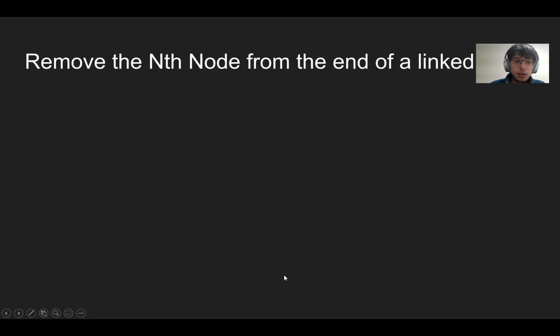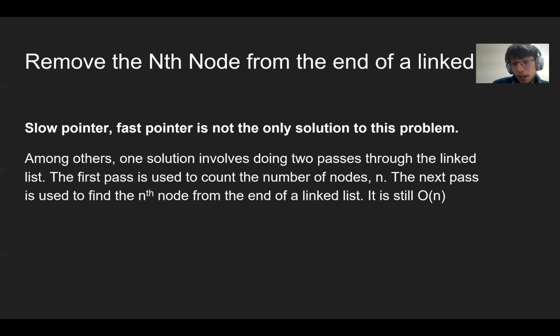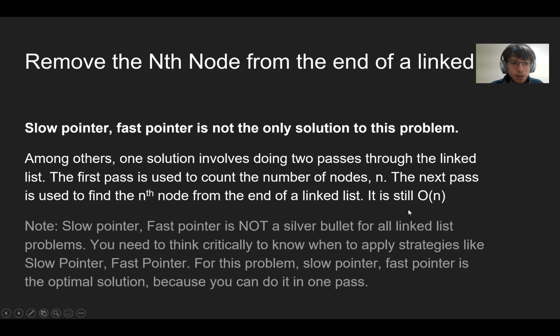Maybe you can think about how we could improve, because slow pointer, fast pointer is not the only solution. Just like we talked about, one solution is doing two passes: we count the number of nodes, and on the second we go to the length minus n node. It's still O(n) in time, but it's two passes. So that would be big O of 2n, which is still O(n), but maybe not as good as two pointers, or fast pointers.